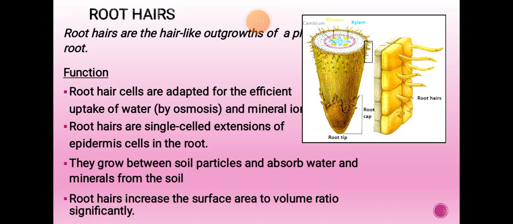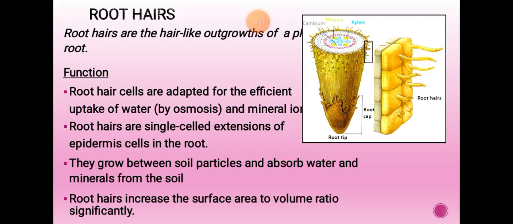They vary a bit from those, but their work is the same. So root hairs are single-celled extensions of the epidermis cells present in the roots. I hope now you understand it.